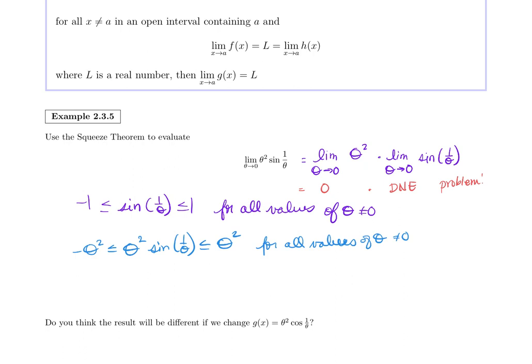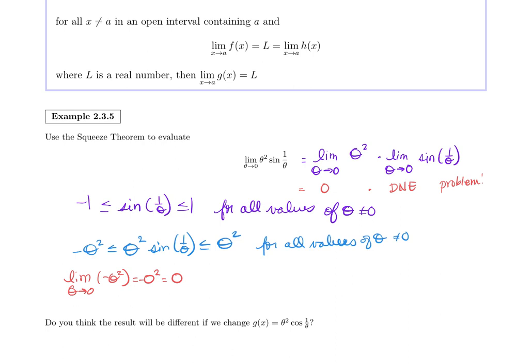But here's the thing. If we take our limit here, like we did in the previous example, our left-hand limit here would be the limit as theta goes to 0 of negative theta squared, which would equal 0, right? Because it would be negative 0 squared. Well, negative 0 squared is the same as 0.